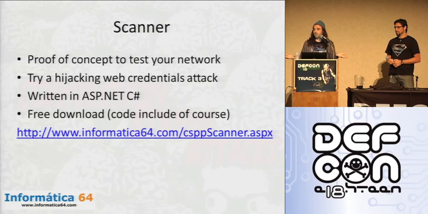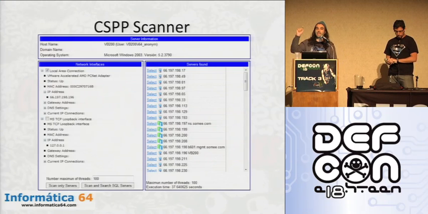It's so simple. So we developed a scanner, which is CSPP Scanner, which is available for download in that URL, and you can try it in your company. So the idea is quite simple. You put the ASP file on your website and just click the button, and then the application is going to scan the whole network with internal IP address, trying connection strings with the integrated security equals to true.